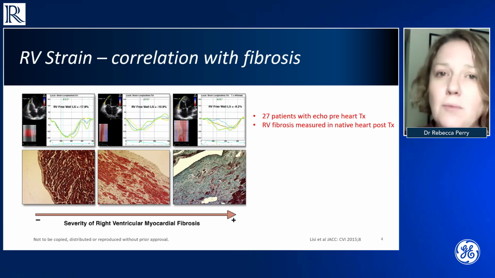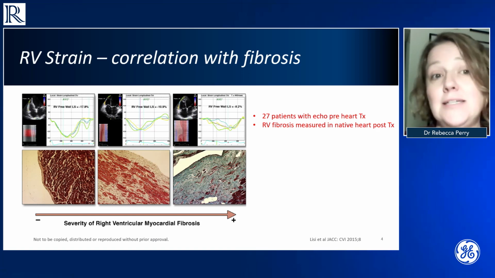So the first study I want to show you is actually a study using histopathology. These are patients who were having a heart transplant, so 27 patients, and they had an echo prior to their heart transplant. Now, they measured the RV fibrosis in the free wall after the heart was explanted in the native heart.